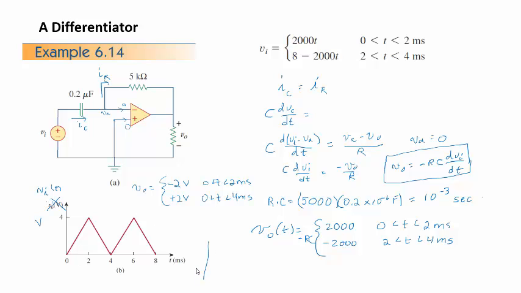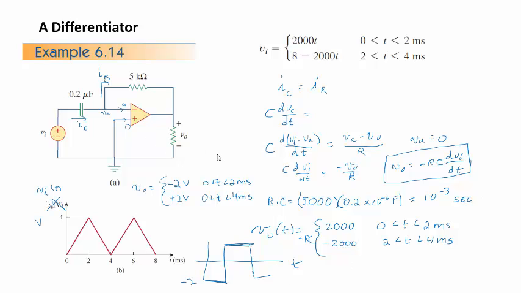Now it looks right to me, you get something like this for time. So when you differentiate a positive slope and multiply it times a negative time constant in front, you'll have negative 2 volts. Negative slope part, differentiate it, you'll have positive 2 volts right here. And it repeats itself. So that's an example of a differentiator, and this time I went through and derived it like I should have done the first time.